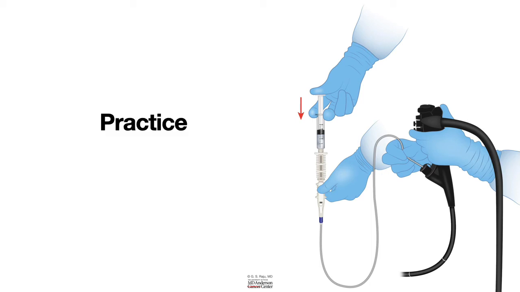I would like you to practice the following steps to give a good injection. Learn to tap on the syringe plunger and see how much fluid squirts out. This is a good experiment for you to do. How much can you inject?